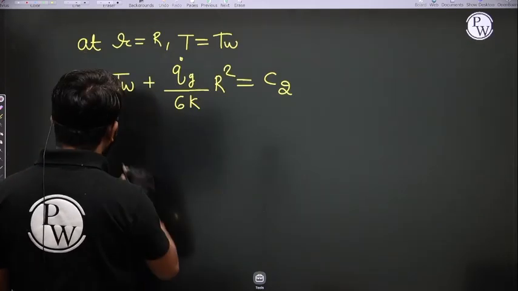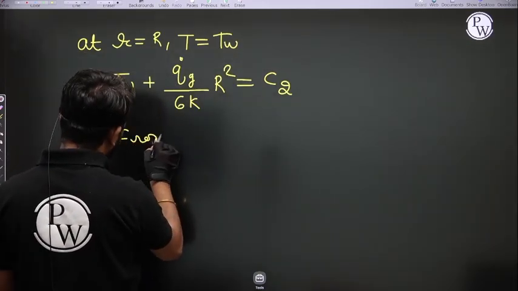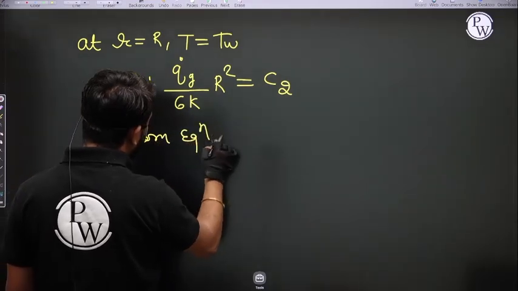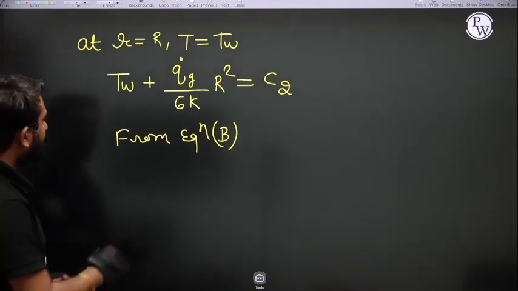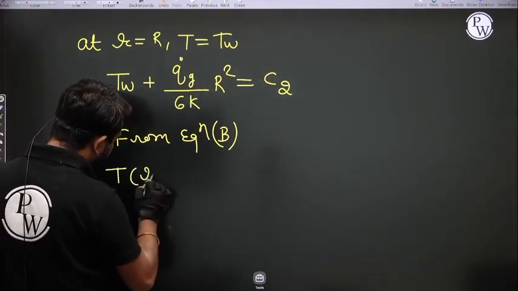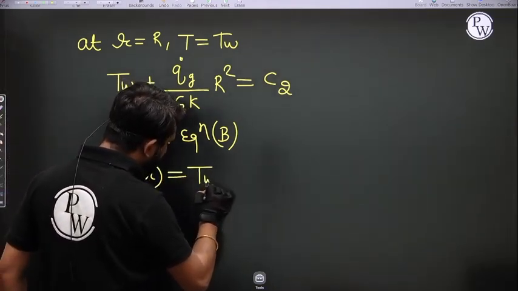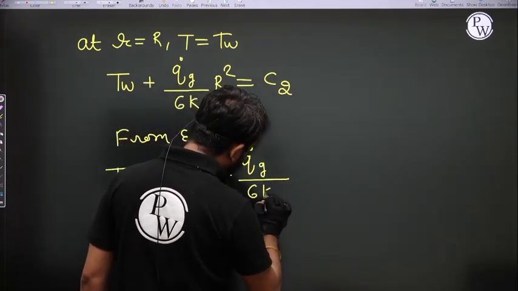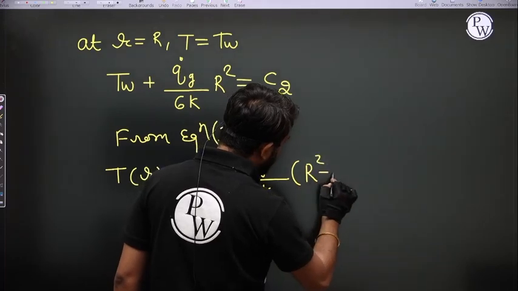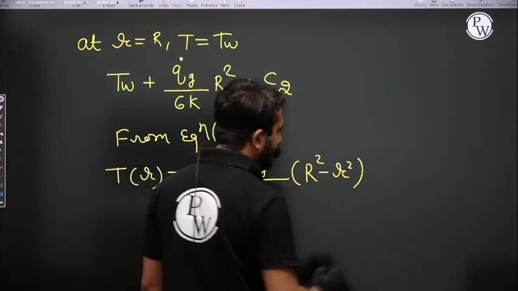So from equation B, what you are getting? You are getting this. T of R is equal to TW plus Q dot G by 6K, capital R square minus small r square, right?